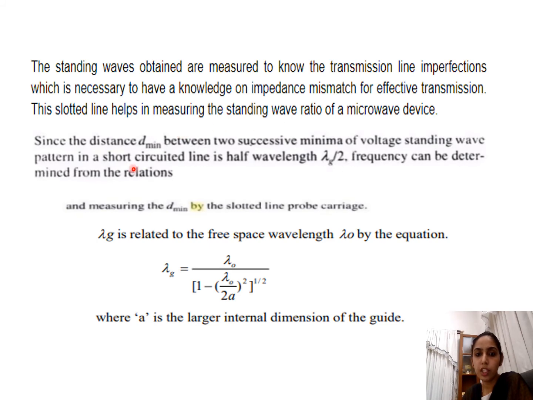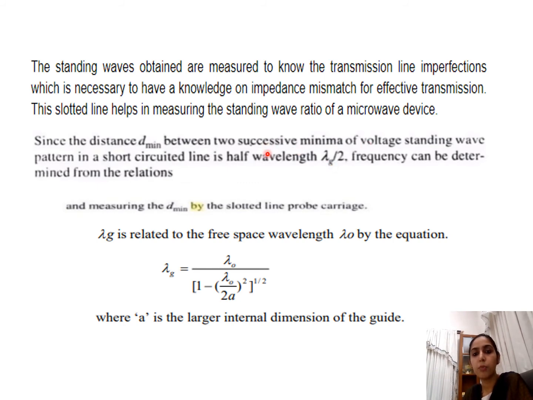Now we know that the distance d minimum between successive minima of the voltage standing wave is half the guide wavelength, lambda g by 2. So frequency can be determined from the relations. That is, we have to measure two successive minima.